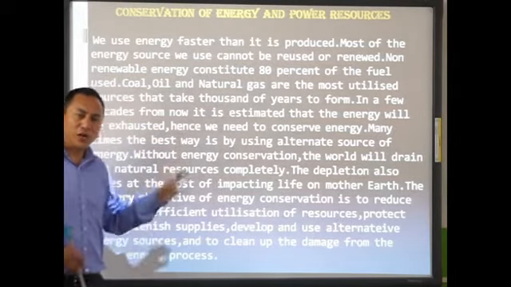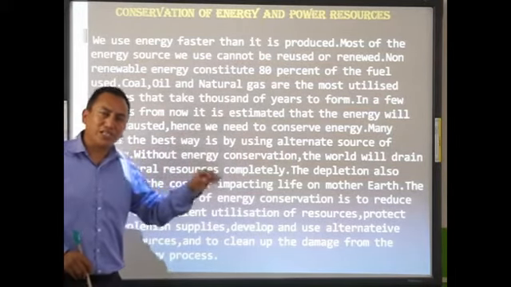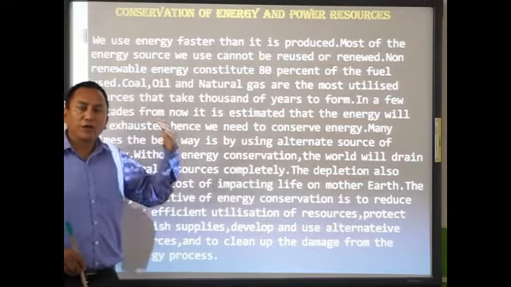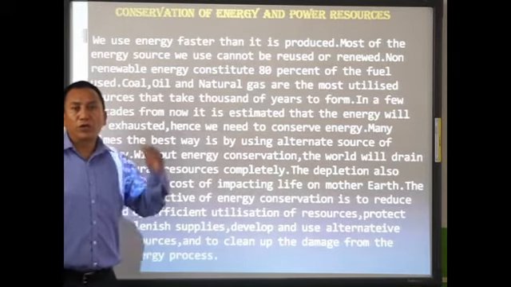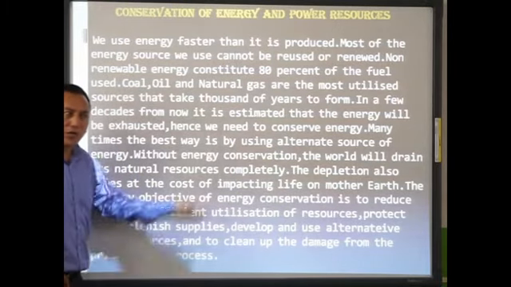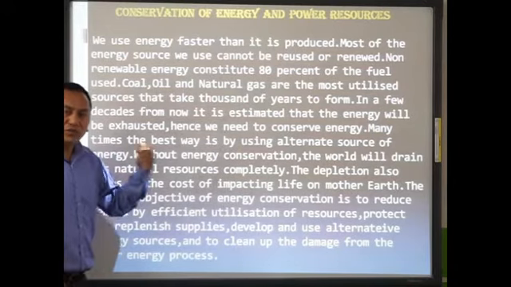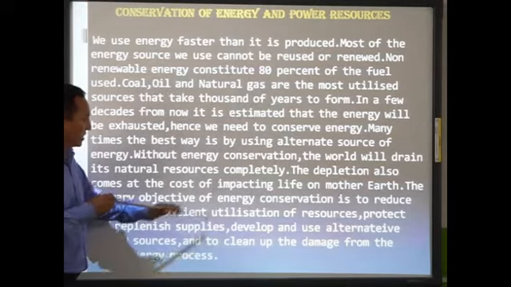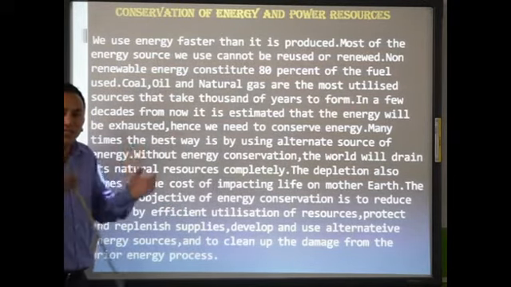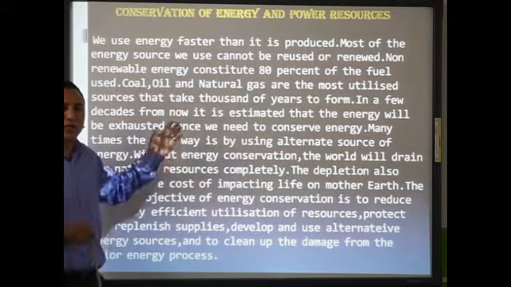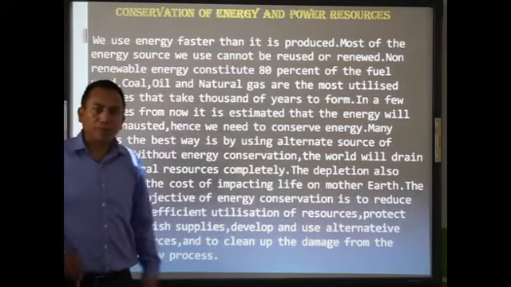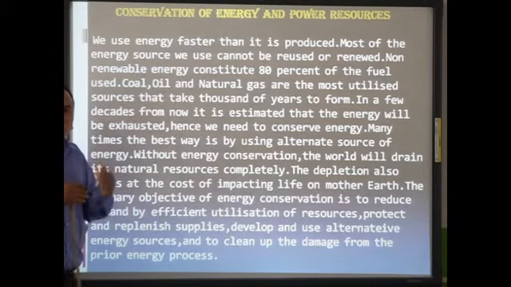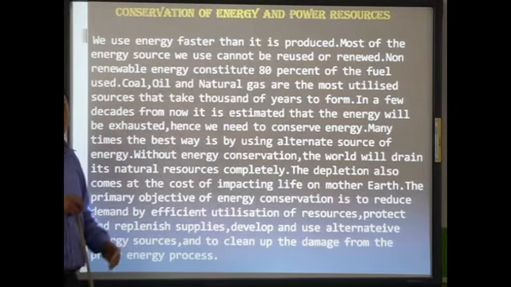That means once the conventional sources like coal, petroleum and natural gas start to get exhausted, we can use non-conventional or renewable sources like wind energy, solar energy, tidal energy and water energy to generate electricity. That is one way in which we can conserve the conventional sources of energy and make them last for a longer duration.